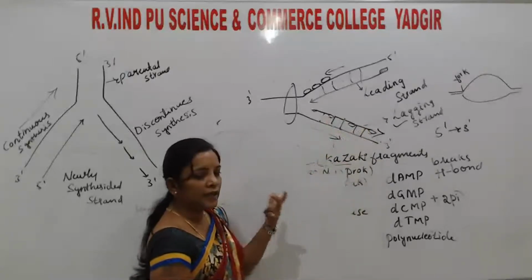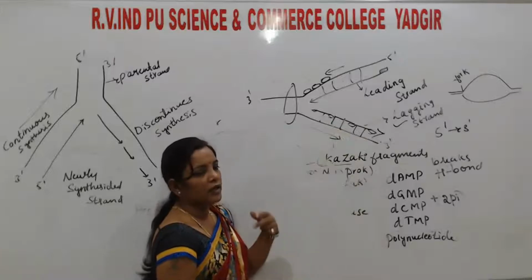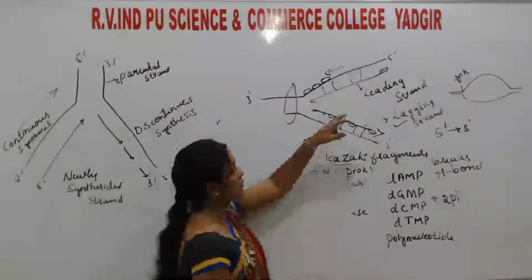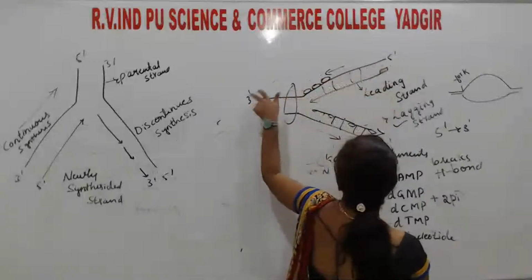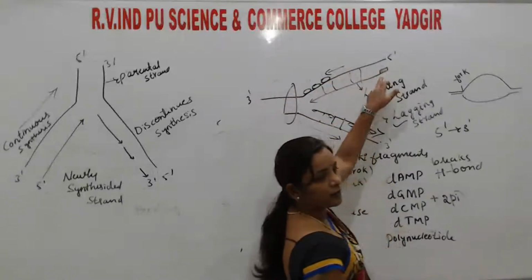They are called the leading strand, which is continuous, and the lagging strand, always in the 5 prime to 3 prime direction. RNA primer, we'll see second.